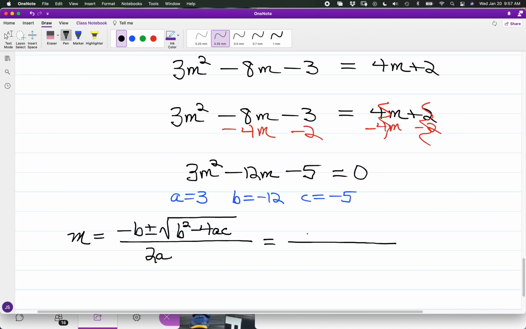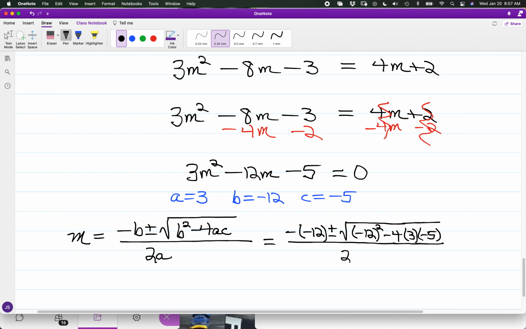At the substitution stage, negative b is the opposite sign of negative 12, and we have plus or minus the square root, so b squared, negative 12 squared, minus 4 times 3 times negative 5, all over 2a, which would be 2 times 3.